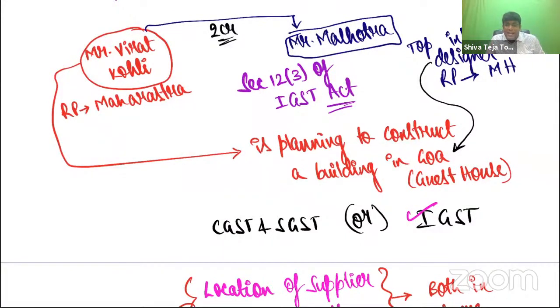Now, in this particular case, where is the property located? Property is located in Goa. So, supplier is in Maharashtra, but place of supply is Goa. Both are in two different states. What will come into picture is IGST.